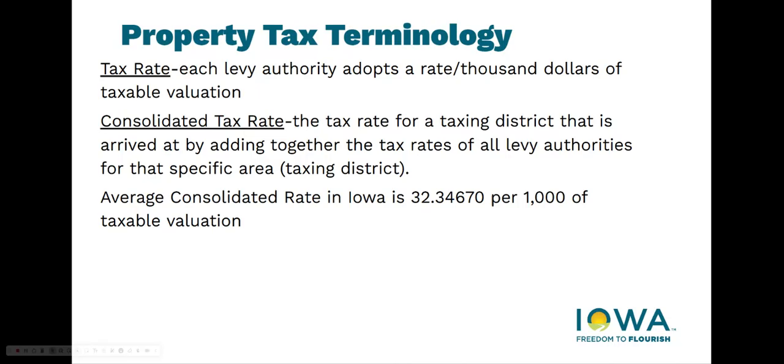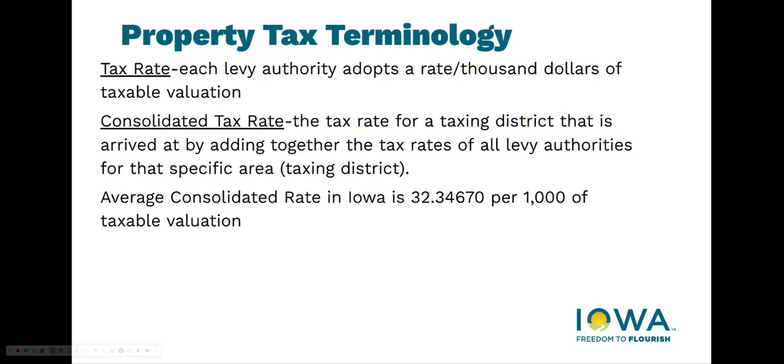And that taxing district represents the city, if they're within incorporated city limits, the county, the school district, the community college, etc., all the entities that are the same within a specific area. That is their taxing district. And they each would adopt their own individual tax rates. And the consolidated rate then is the rate that's arrived at by adding together all those individual rates from all those different levy authorities. In Iowa, the average consolidated rate is about $32 per $1,000 of taxable value.